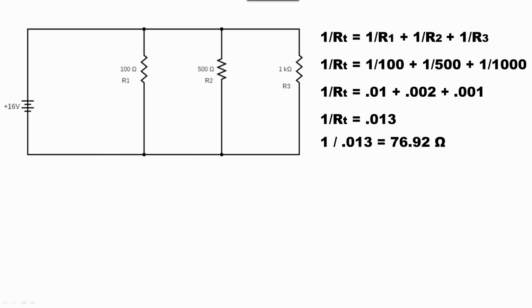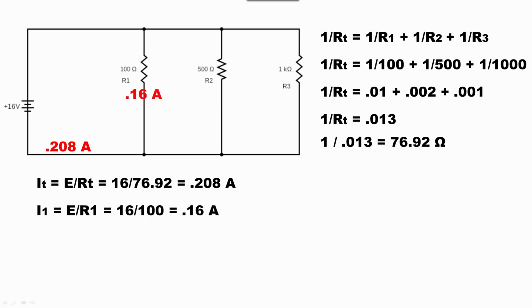Now we calculate the current through the whole circuit and through each resistor. IT equals E over RT equals 16 divided by 76.92 equals 0.208. I1 equals E divided by R1 equals 16 divided by 100 equals 0.16 amps.